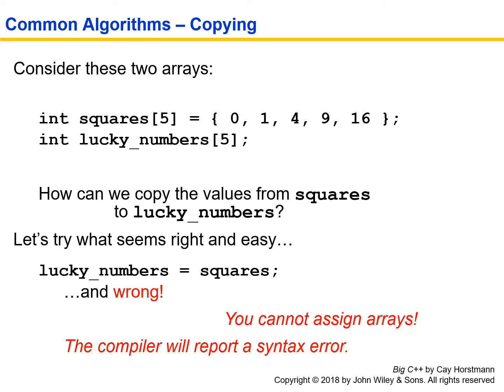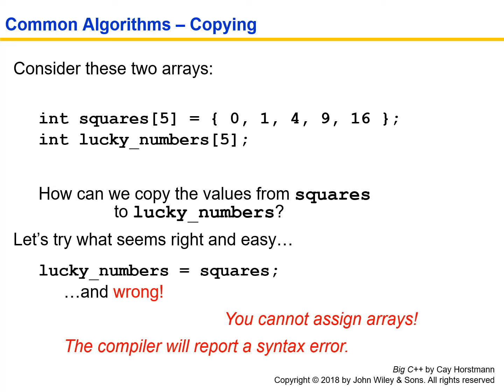Consider two arrays, squares, which holds the first 5 perfect squares, and lucky numbers, which is supposed to hold, say, maybe your 5 lottery numbers or something. What if we want to copy the values from squares into lucky numbers? It would seem easy to put lucky numbers equals squares, but this would be wrong.